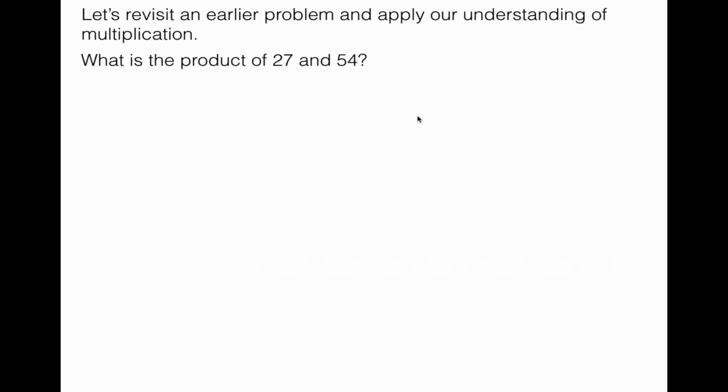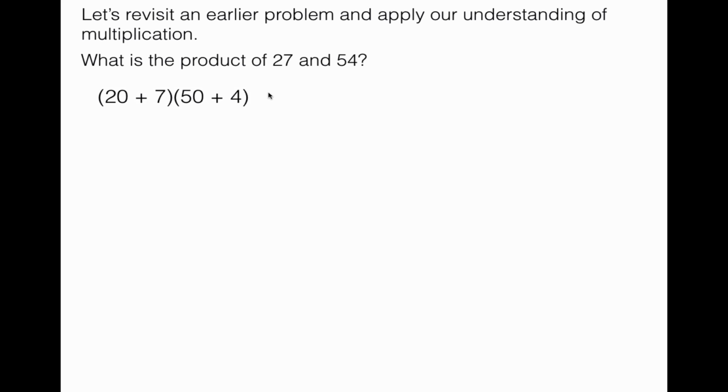So let's revisit our earlier problem and apply our understanding to multiplication. What is the product of 27 and 54? Well, now that we know how to multiply polynomials and we understand how the area model works, let's see if we can represent this problem in a slightly different way. 20 and 7 is our 27. 50 and 4 is our 54.